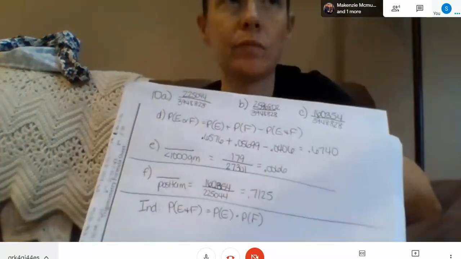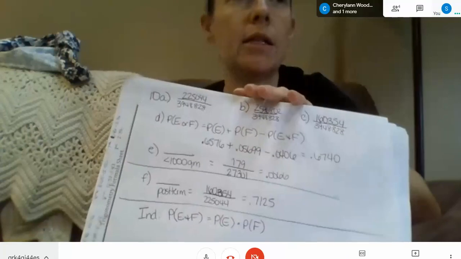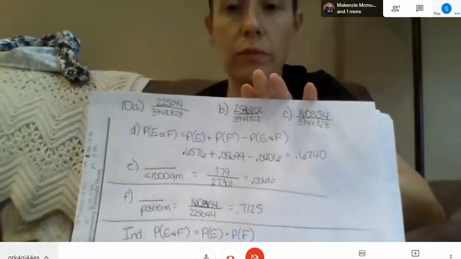If they are independent, what that means is that the probability of one doesn't change the probability of the other. So for instance, the probability of it raining today and me having this meeting with you.